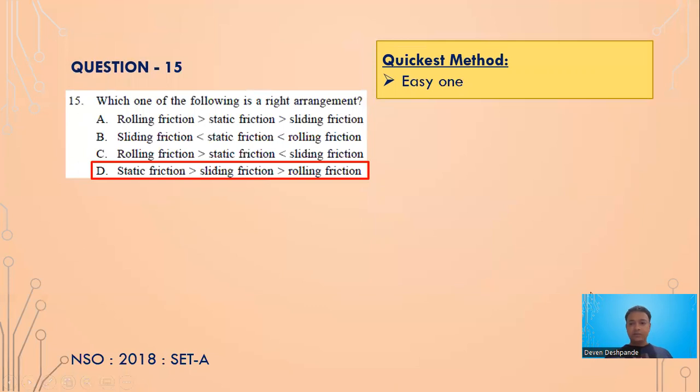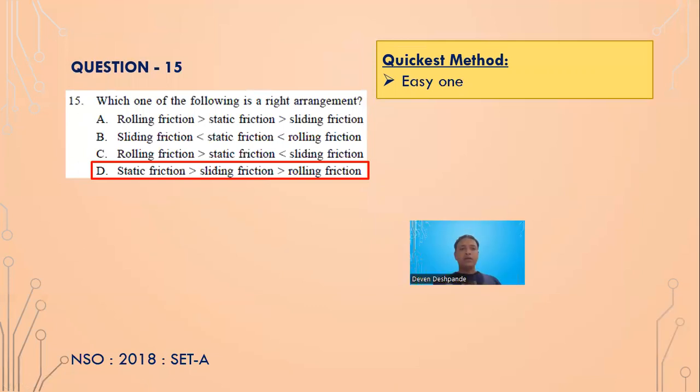Okay, next one. Which of the following is the right arrangement? Static friction is greater than sliding friction, which is correct. If you have a heavy thing that is static and you try to move it, it will be very difficult. But if that thing is already sliding on a slope, you will be able to push it. And if that thing is a ball, rolling friction is very less because only a point is in contact.